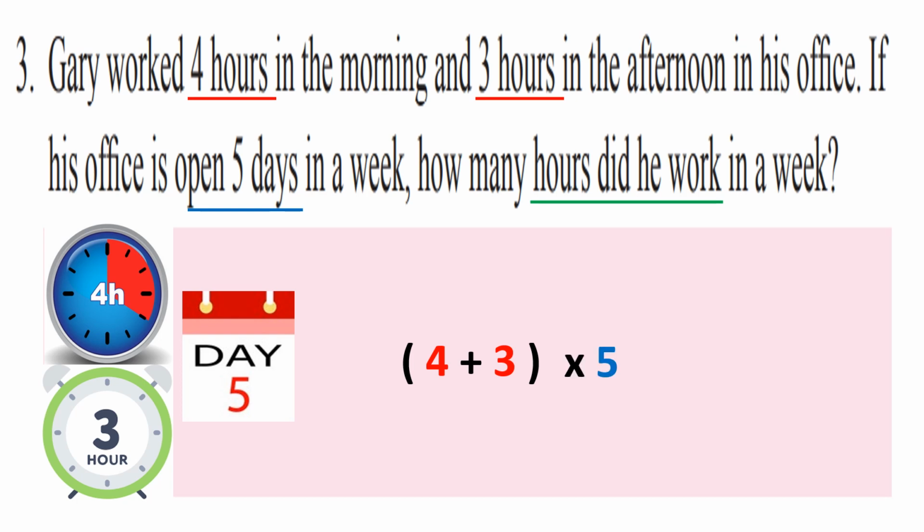And then for 5 days, because his office is open only 5 days, you multiply by 5. Now you have 4 plus 3 equals 7. This is 7 hours, times 5, your answer is 35 hours.